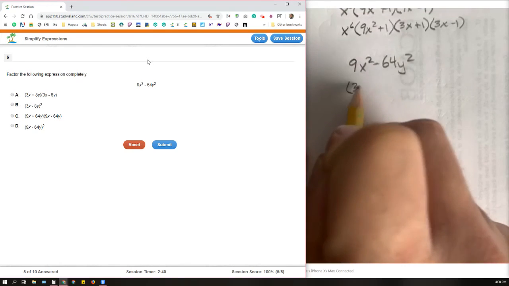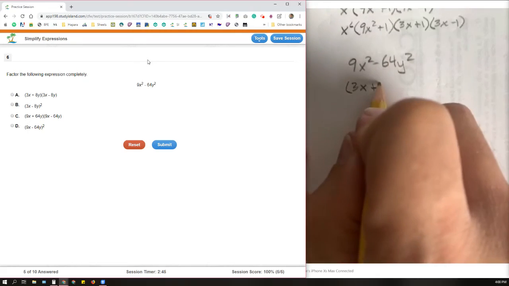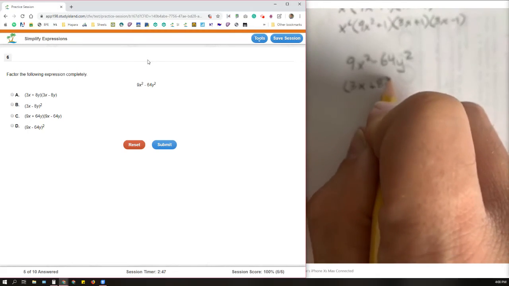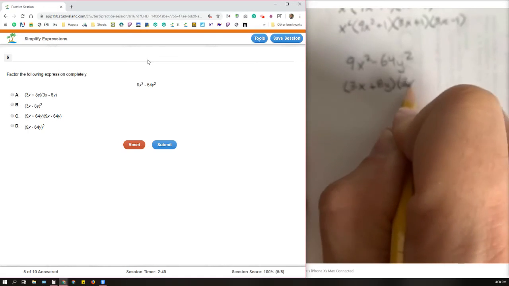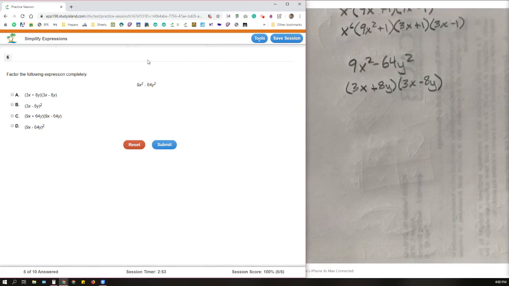It's 3x. So I have 3x plus the square root of 64y squared, which is 8y. So I have 3x plus 8y times 3x minus 8y. Is that one of our answers? There it is, 3x plus 8y times 3x minus 8y.